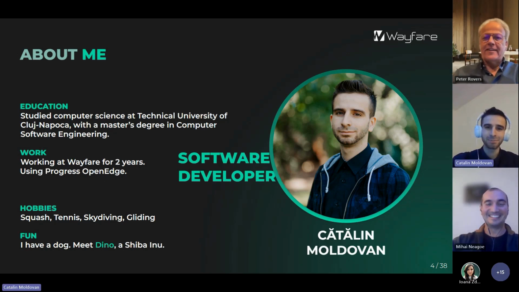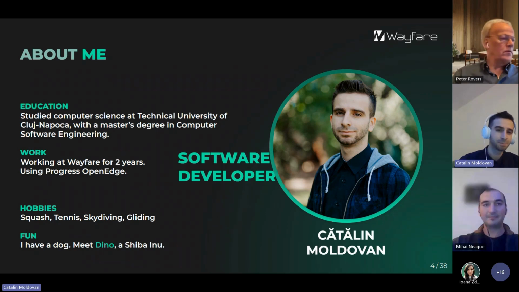So first, let me present myself. My name is Cătălin Moldovan. I graduated master studies last year with a master's degree in computer software engineering, and I joined Wayfair 2 years ago. Right after that, I started working on an OpenEdge-based project.